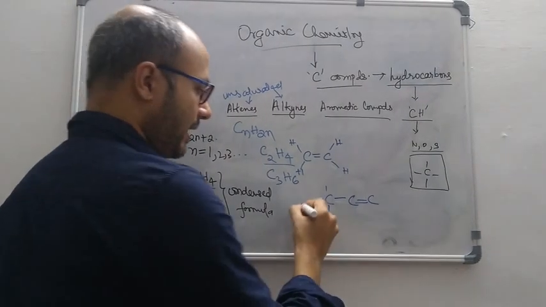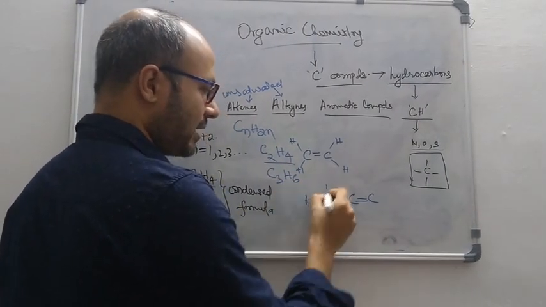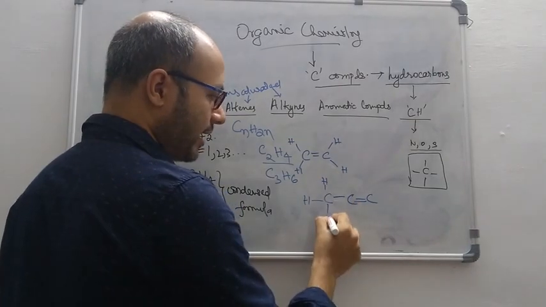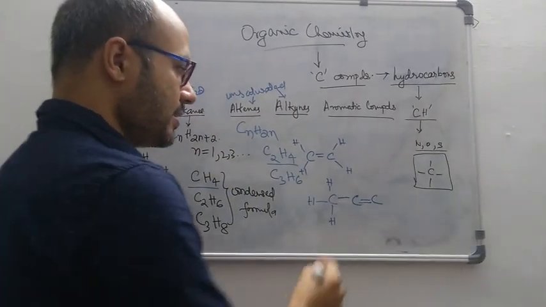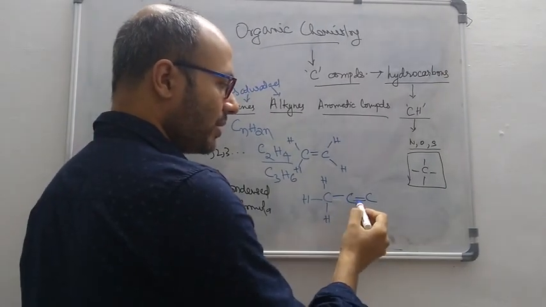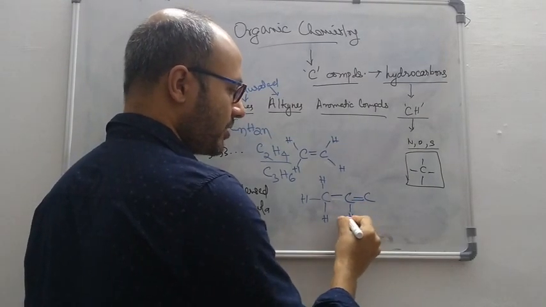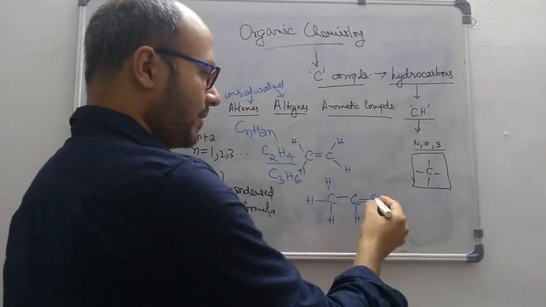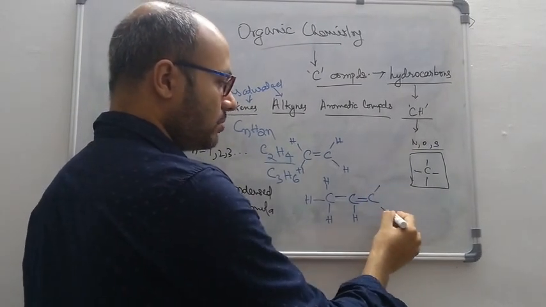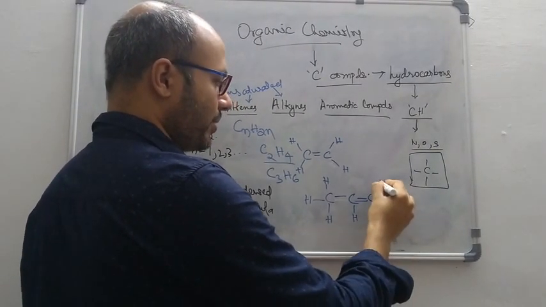Three bonds are left, and obviously, since there are no other atoms, they would definitely be hydrogen atoms. In the second, central carbon, three bonds are already formed, so only one bond is possible, so you write hydrogen there. And then this carbon again can form two bonds, so you have the structure.